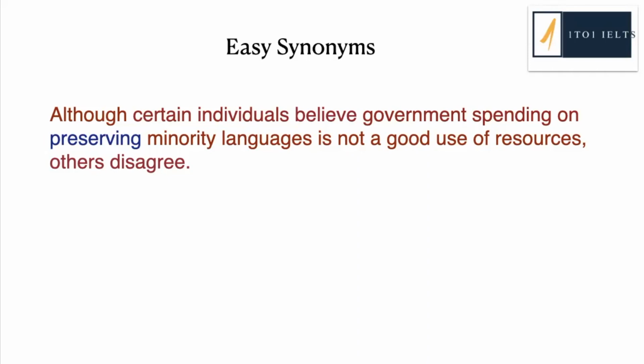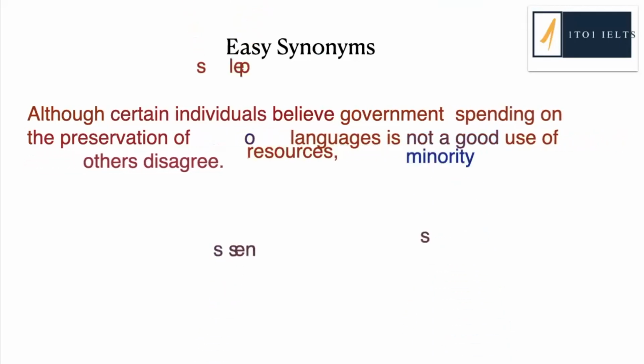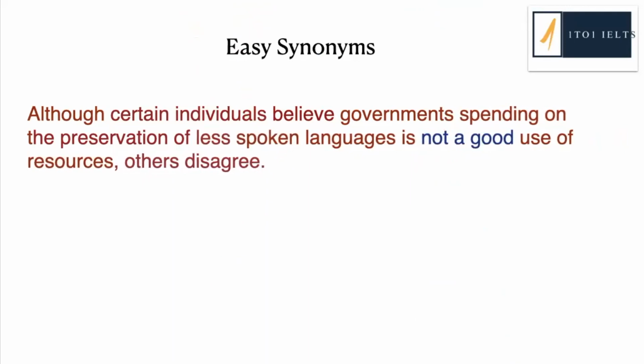The next word we're going to have a look at is "preserving." I thought here we could change "preserving" for "the preservation of." Then we've got "minority." So a minority language is a less spoken language. If something is not good, we could say bad or poor.